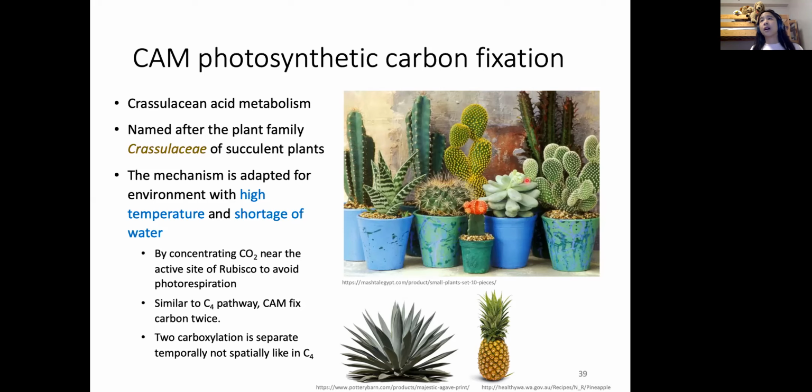So plants close stomata during the day to conserve water, and during the night they open their stomata in order to exchange gas. This is the opposite of C4 and C3 plants, which open the stomata during the day for photosynthesis and close the stomata during the night because there is no light for photosynthesis. But CAM plants open their stomata during the night and close them during the day to conserve water.